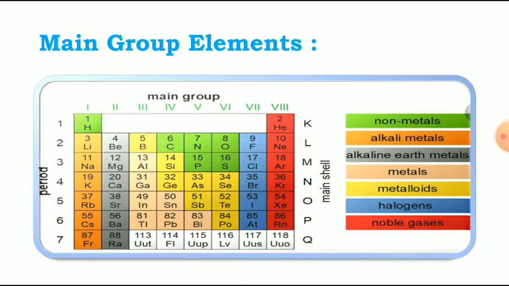Into these main group elements, you have to remember both the S block elements and P block elements. After remembering this, we are going to see the actual part of the comparative chemistry of main group elements.